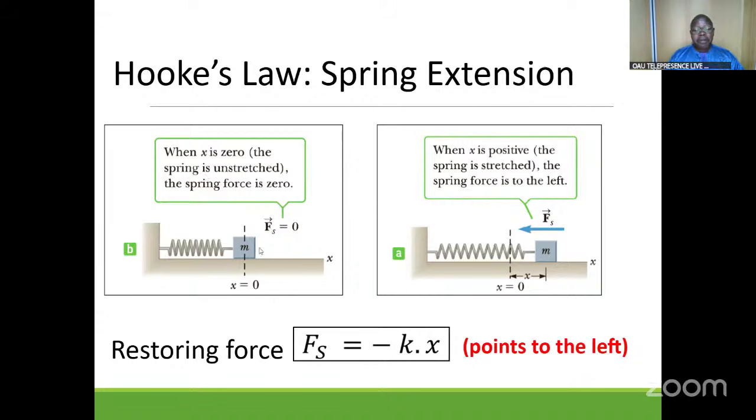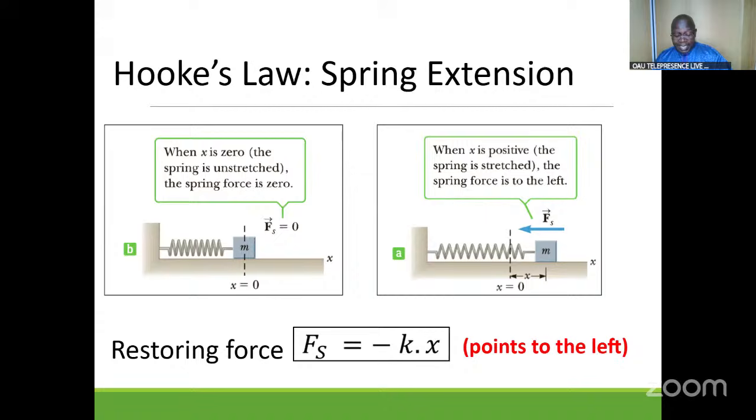So from the left panel, if we move to the right panel, we can see that the extension experienced by the spring corresponding to a displacement x can be calculated as the restoring force, which is equal to a constant multiplied by the extension. Immediately, you observe that there is a negative sign indicated.